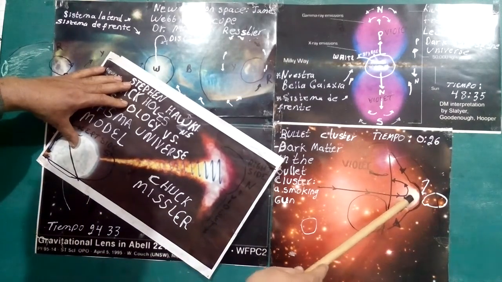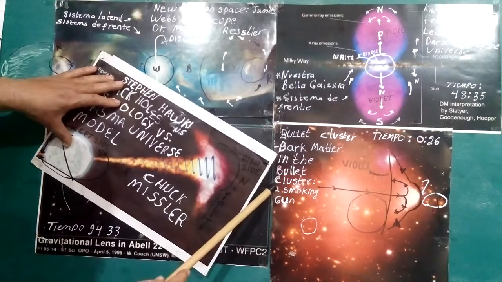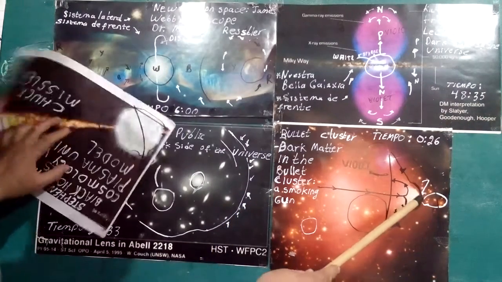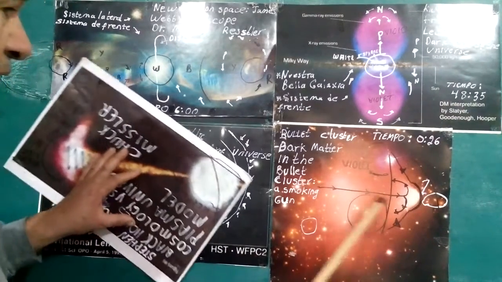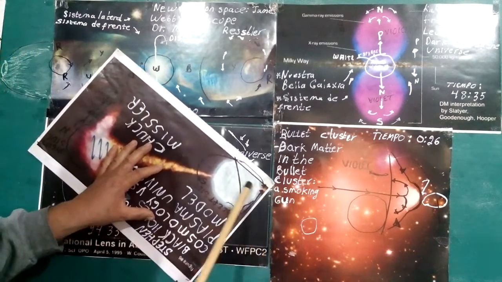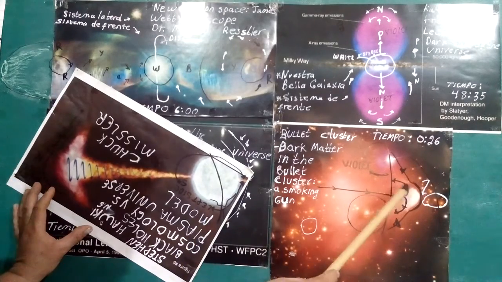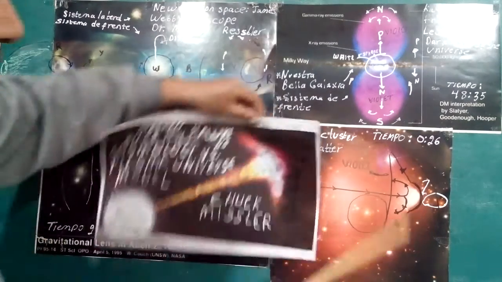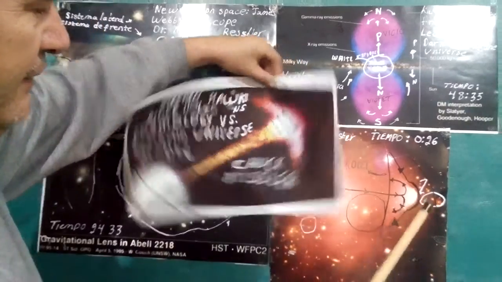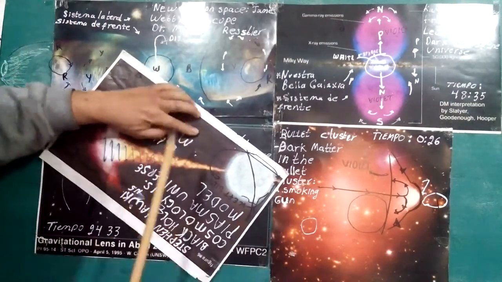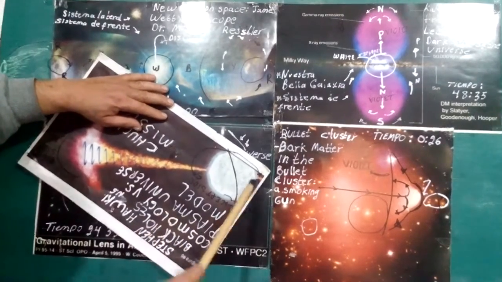There should be a galaxy, if not a quasar, but I think this is a quasar right here, and right here, somewhere over here, follow me, this is the right side, put it this way. What is this?